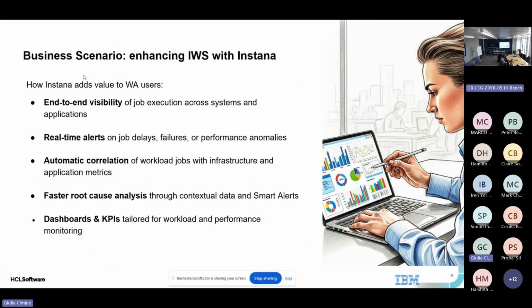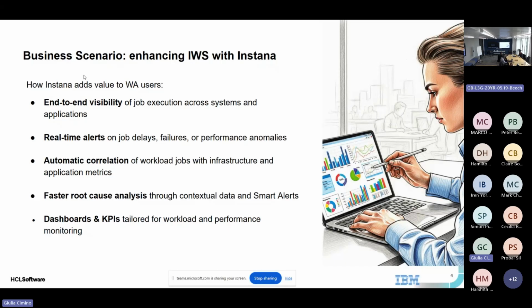So let's move on to see a little business scenario, so how we can enhance AWS with Instana. Instana adds value to users thanks to its end-to-end visibility, as we said some moments before, of the job execution across systems and applications. It also features, as we said, real-time alerts on job delays, failures, and so on.